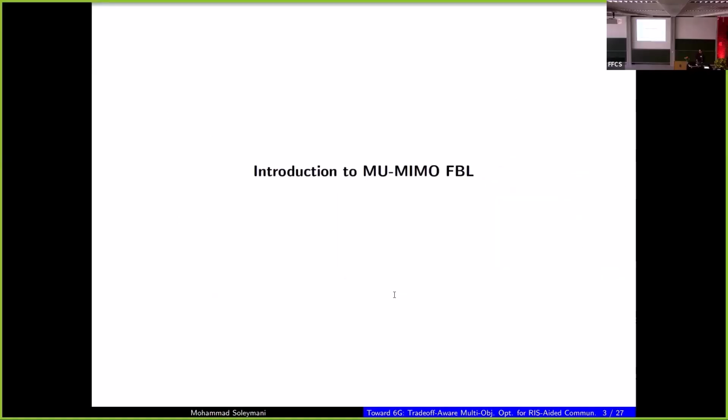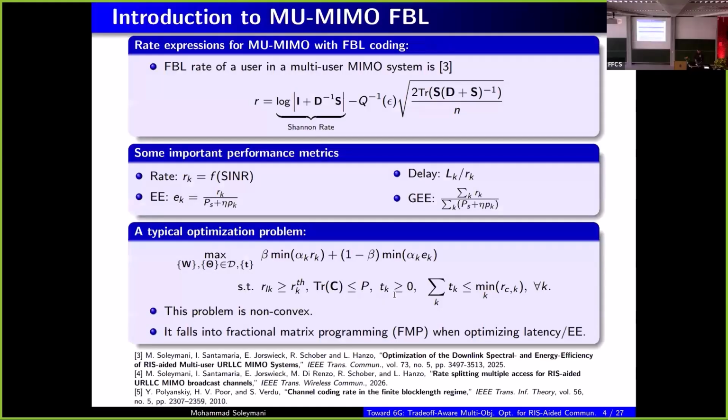So before we proceed, I would have a very short introduction to multi-user MIMO with finite block length. The rate expression that you can see on the top of this slide is actually the well-known normal approximation obtained by Polyanskiy and his co-authors.